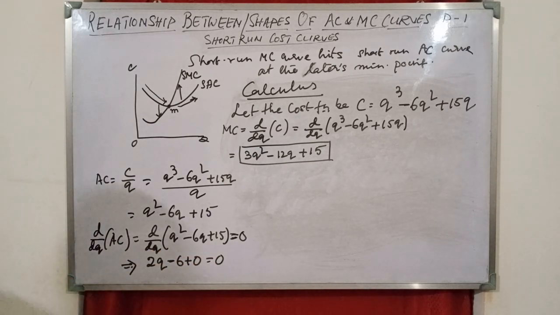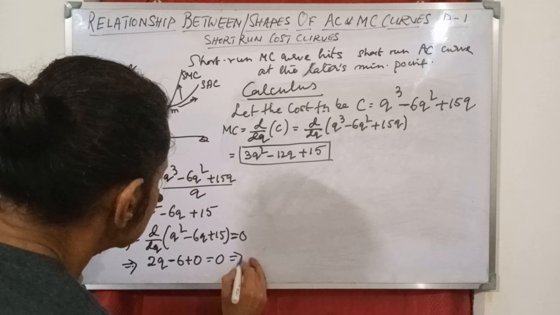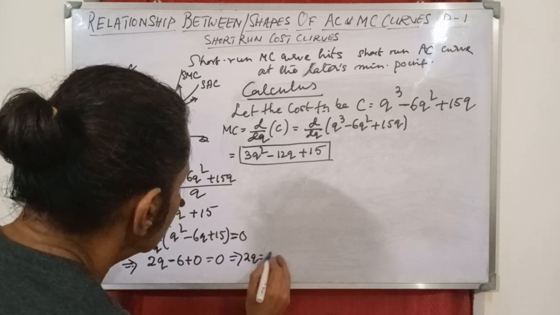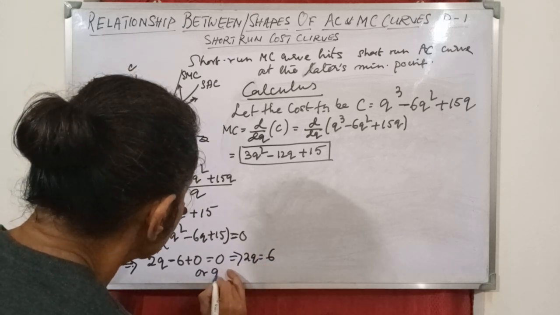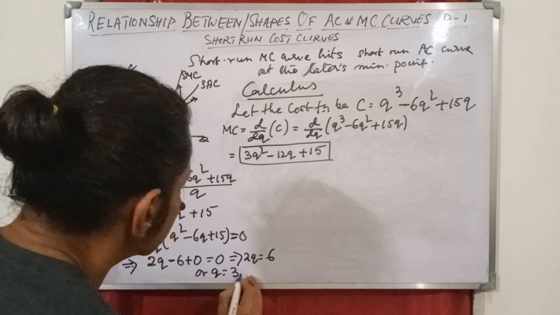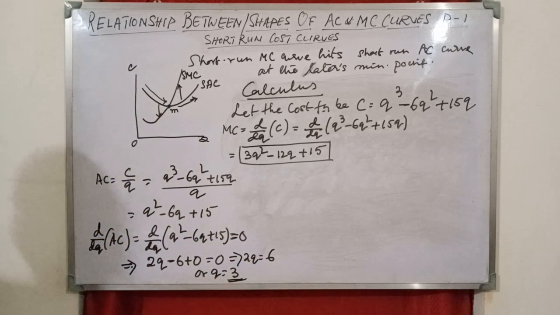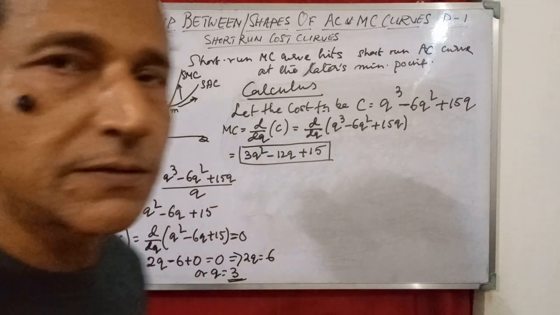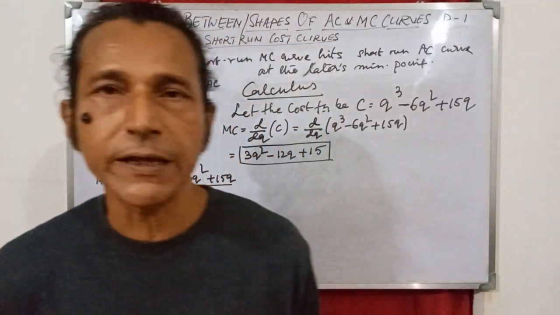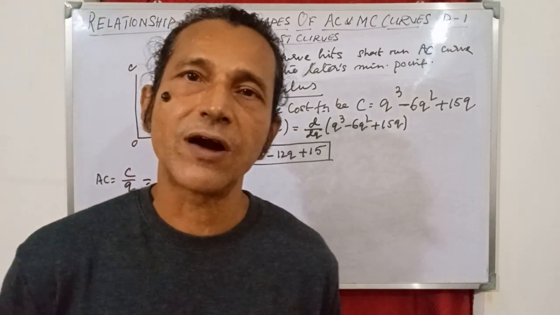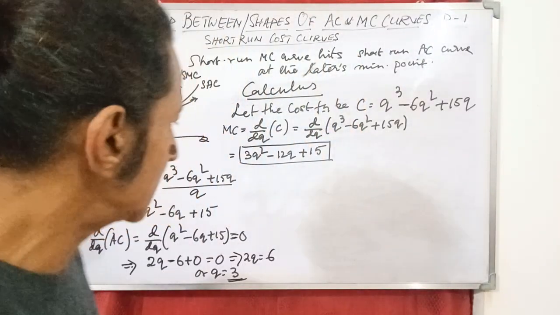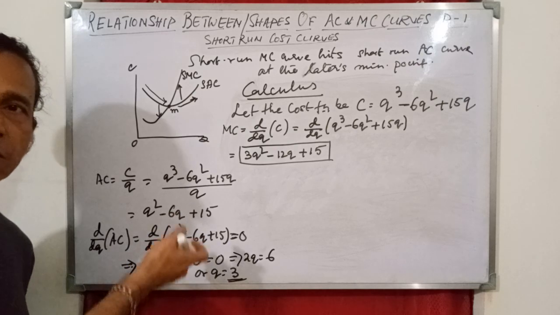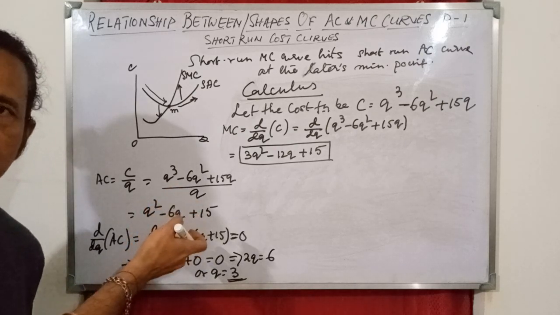So d/dQ of AC is 2Q minus 6 plus 0. So this gives us 2Q equals 6, or Q equals 3. So when Q is equal to 3, the average cost of the firm is minimum, because we have set the derivative of the average cost function to 0.